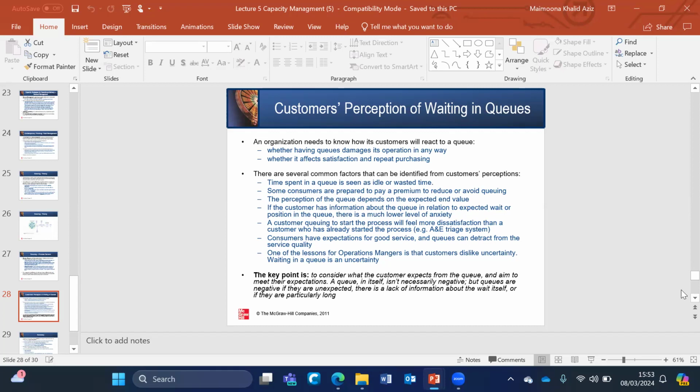However, they do consider it as time wasted, and it would reduce anxiety if they knew how long they would have to queue for. And some customers are prepared to pay a premium to avoid the queue. That means that gives you a business opportunity where you can offer a premium price. If the customer pays that price, they don't have to queue.